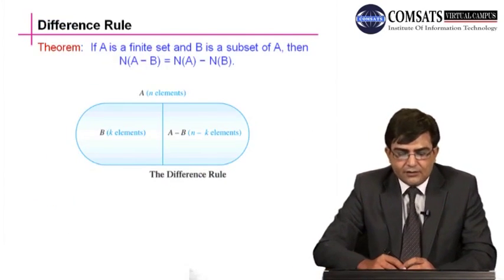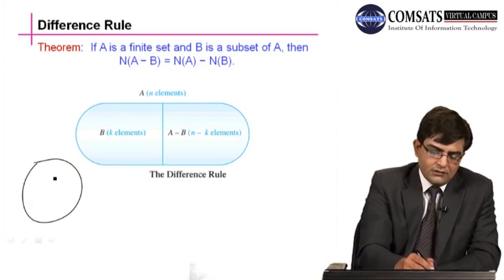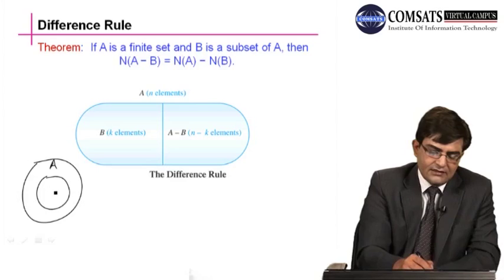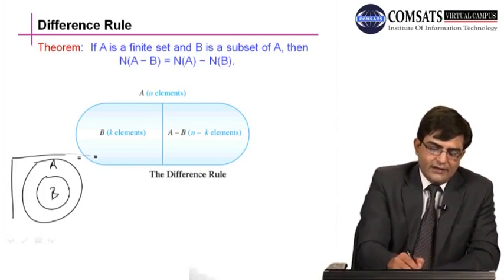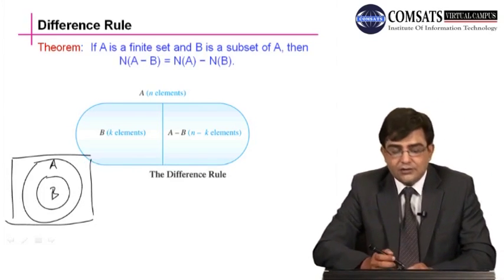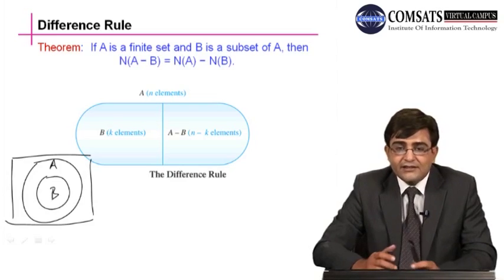Now what is the difference rule? If A is a finite set and B is a subset of A, then, by using a Venn diagram, this is the situation in this theorem, the difference rule.